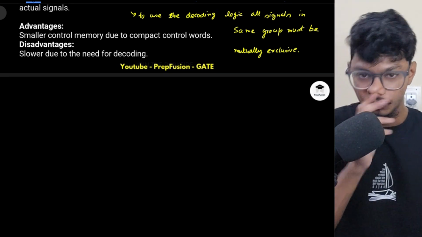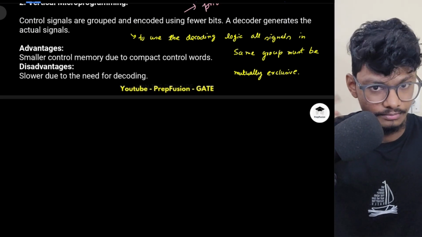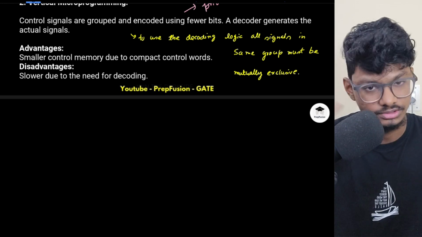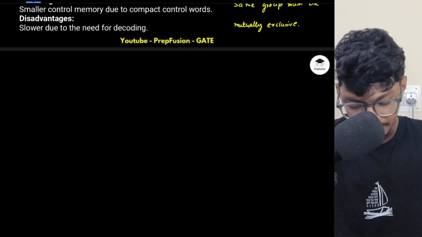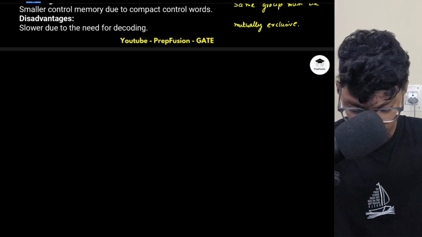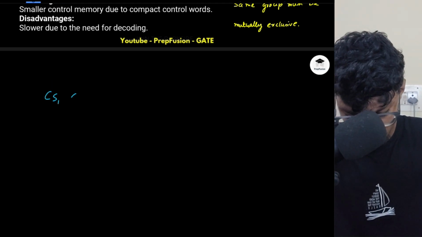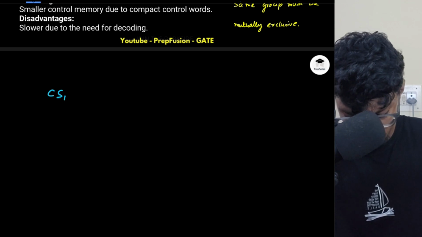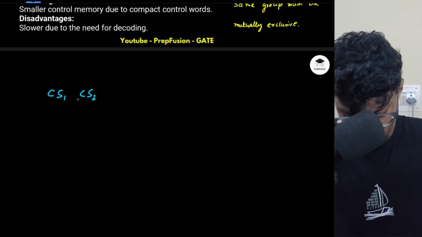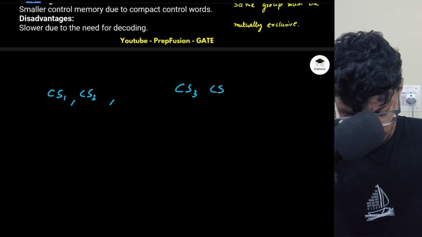So in horizontal, we already know we provide control signal bits for each of the control signals. In vertical microprogramming, let's say I have CS1, CS2, then CS3, CS4.